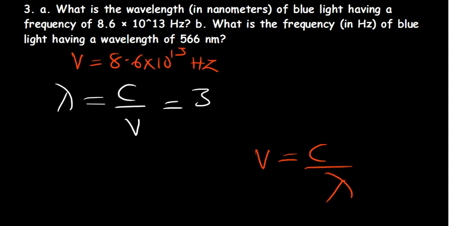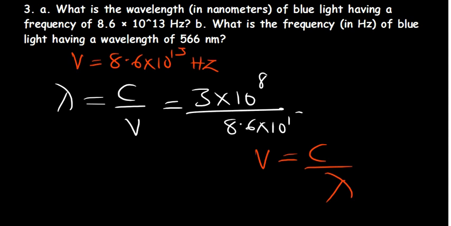So speed of light, 3 times 10 to the power 8, over frequency, 8.6 times 10 to the power 13. Whatever we're doing, we're using standard units, so this will give us meters because the speed of light is in meters per second. So 3 times 10 to the power 8 divided by 8.6 times 10 to the power 13.